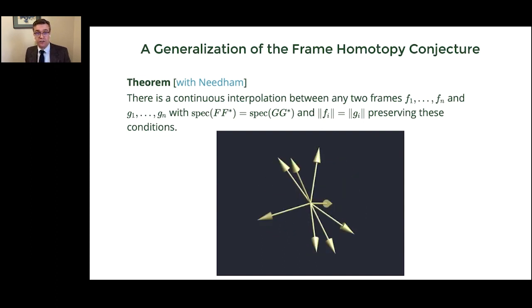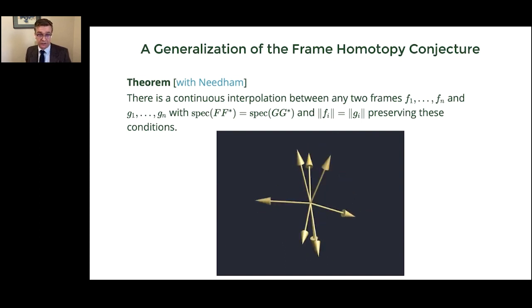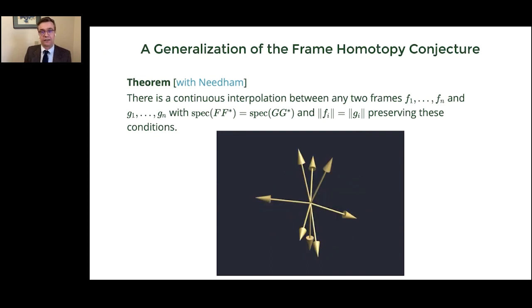So this was known in the case that FF star was the identity. In the case of equal norm Parseval frames, it was known that the space of equal norm Parseval frames was connected. But this theorem tells you that there was nothing special about that. I could have chosen any spectrum of FF star. I could have chosen any norms of the frame vectors, and that space is always connected.